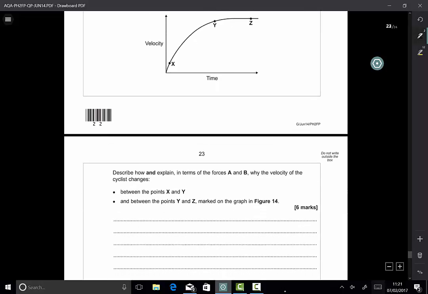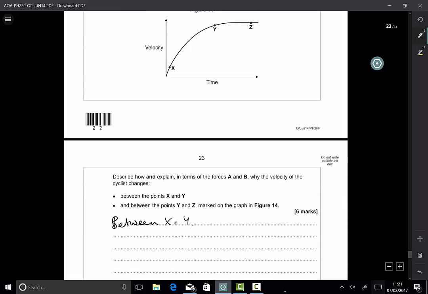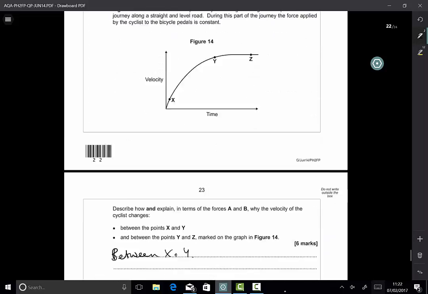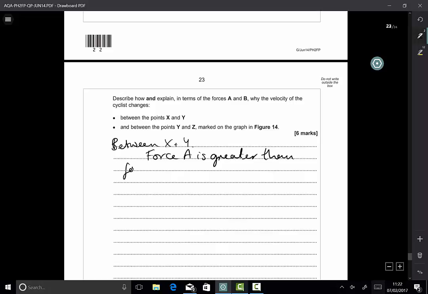Okay, so between X and Y. At this point, the velocity is increasing all the way. So, that tells us that the forward force must be greater than the backward force. Let's just remind ourselves which way they are. A is the forward force. So, force A is greater than force B. So the bike is accelerating, and its velocity is increasing.